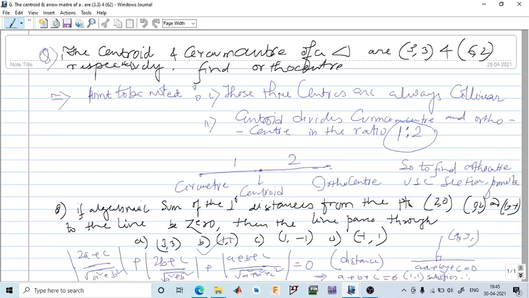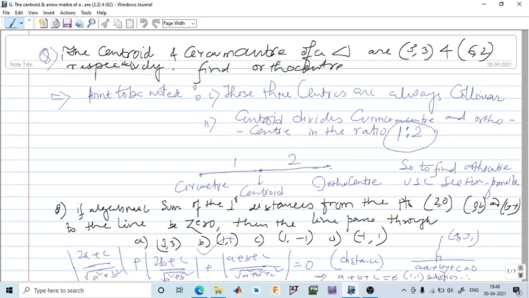In the next question, see, the algebraic sum of the perpendicular distances from the points (2, 0), (0, 2) and (1, 1) to the line is 0, then the line passes through what point? So let us consider the line is ax plus by plus c equals to 0.